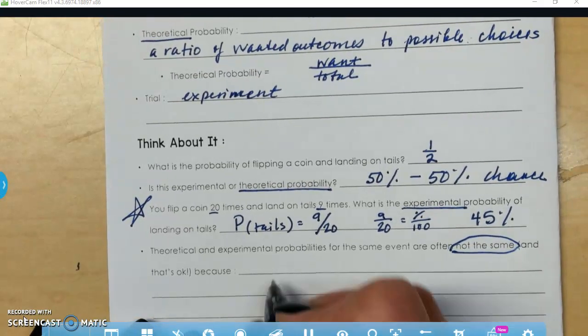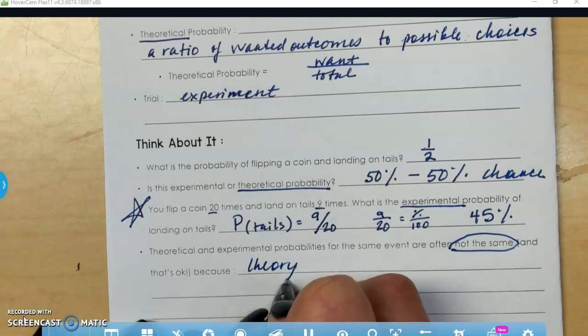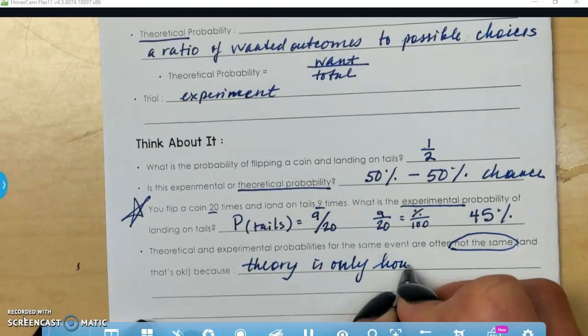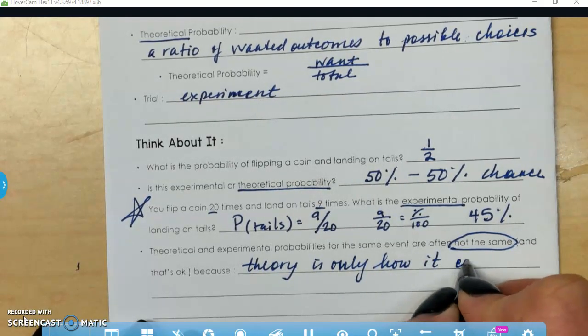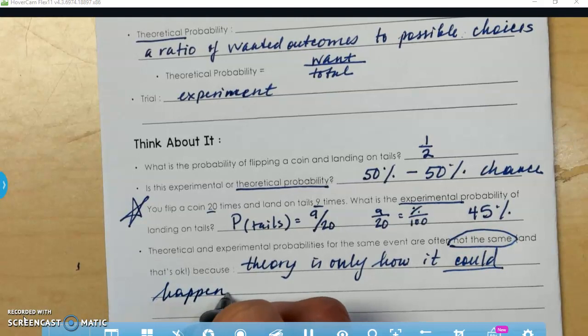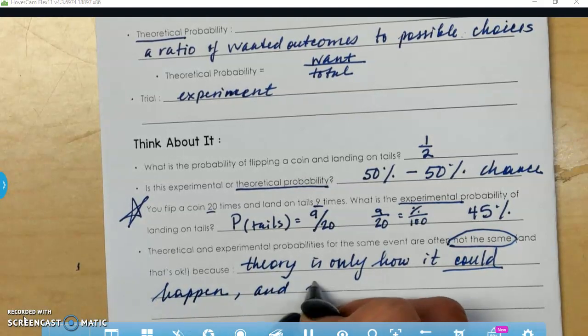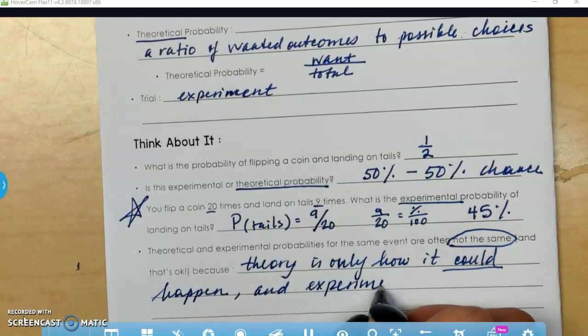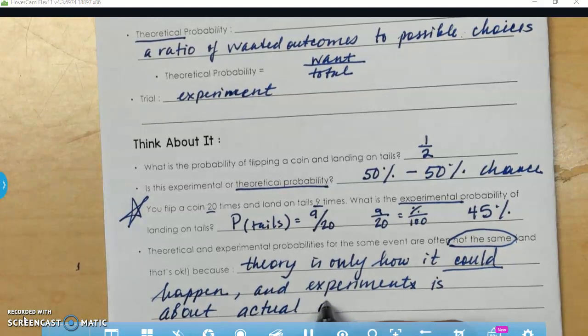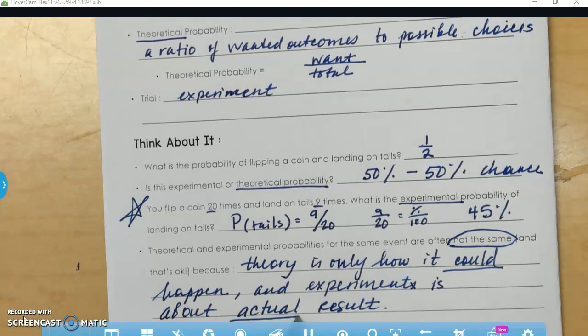So it says, because theory is only how it could happen, an experiment is about actual results.